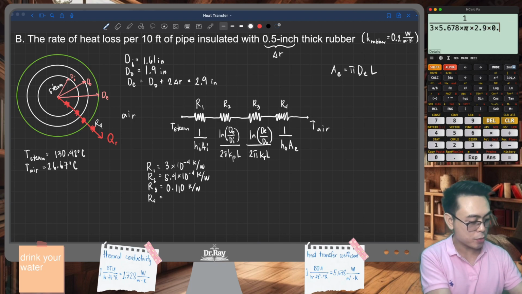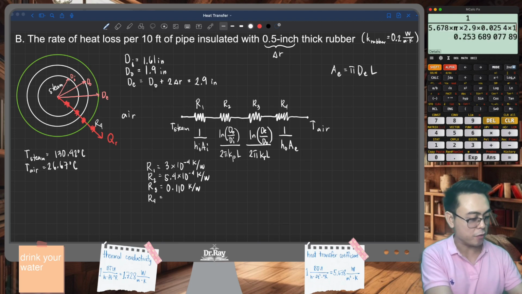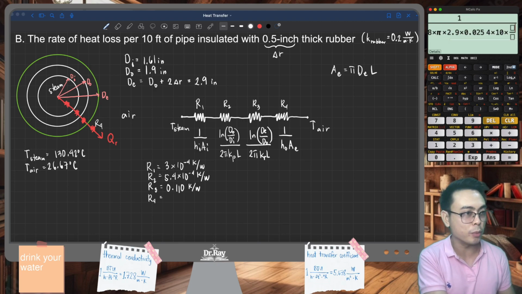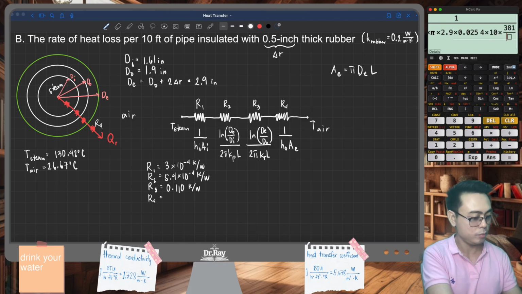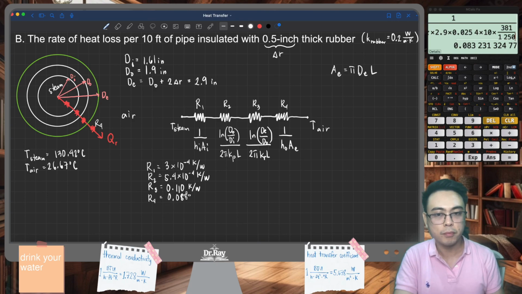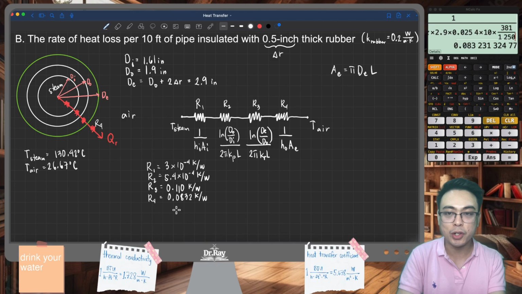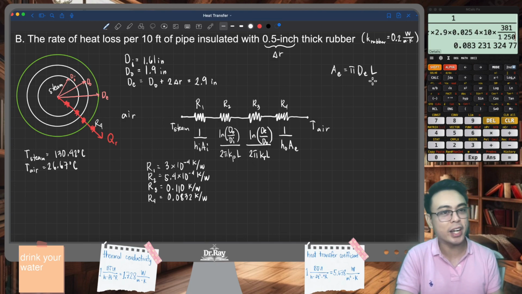Convert that to meters, multiplied by the length, 10 feet. Again, convert to meters. I'm getting 0.0832 Kelvin per watts. Notice that this is not the same as our convective resistance earlier for the external, right? Because again, the surface area changed.